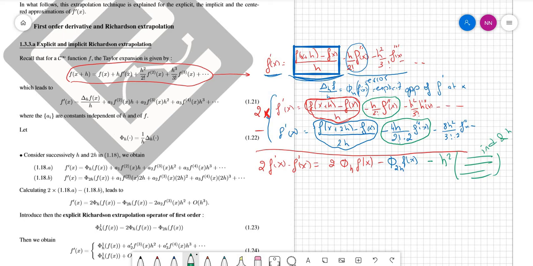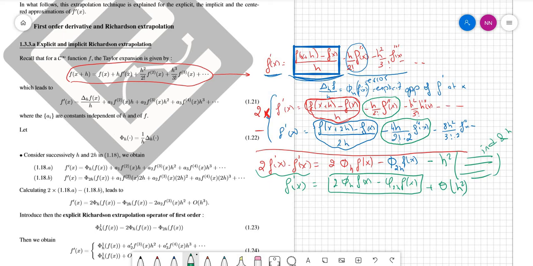Yani, look how I'm going to read this equation. This is f prime in here, the exact f prime. It's equal to 2 phi h f of x minus phi 2h f of x plus an error term of order h squared.